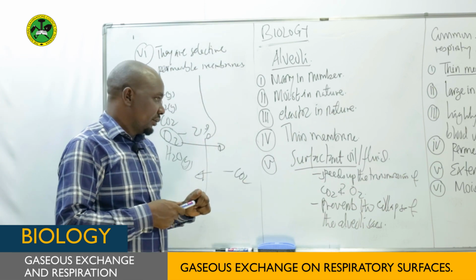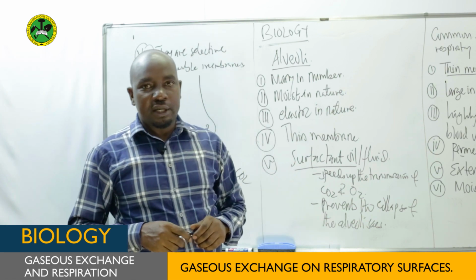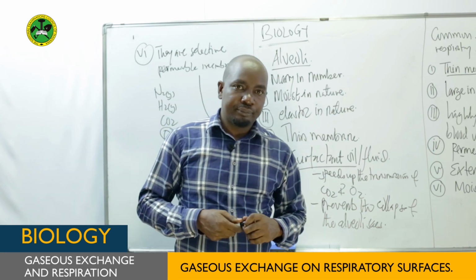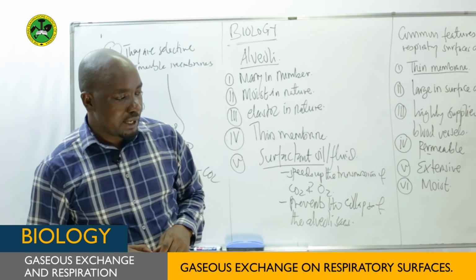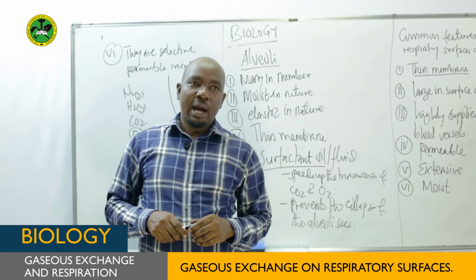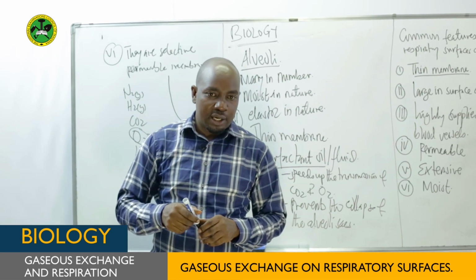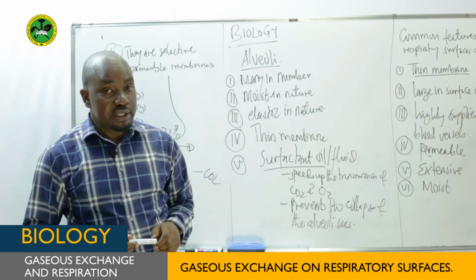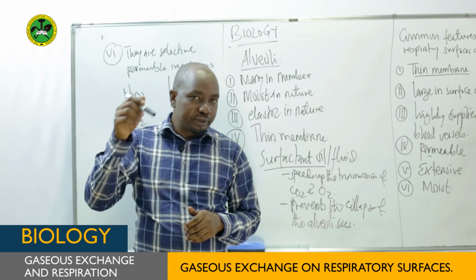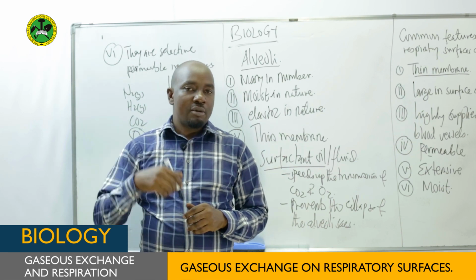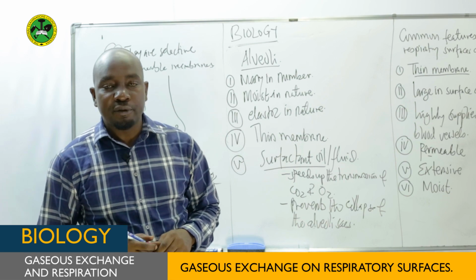Dear student, when you are told to explain the efficiency of a certain organ, you are required to provide the advantages of the structure it possesses to its function, or the adaptations of that particular organ to the function it performs.